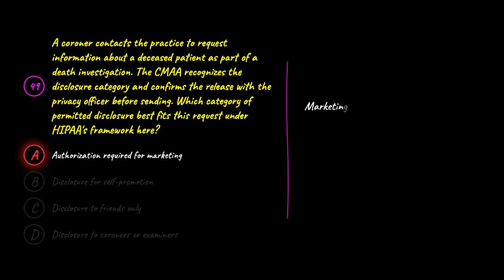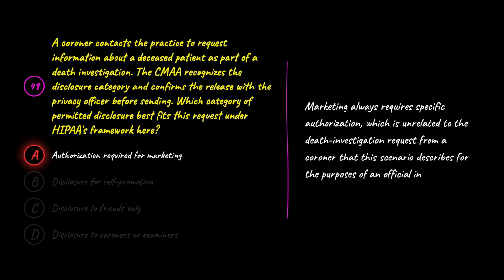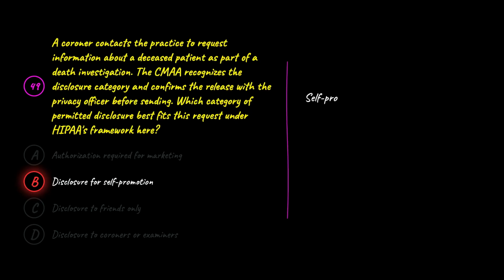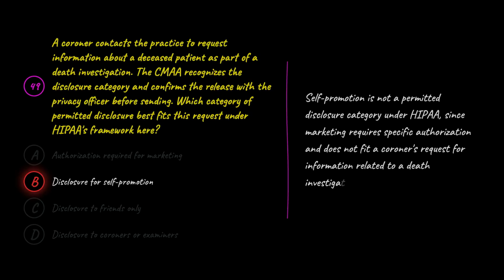A is wrong because marketing always requires specific authorization, which is unrelated to the death investigation request from a coroner that this scenario describes for the purposes of an official inquiry. B is wrong because self-promotion is not a permitted disclosure category under HIPAA, since marketing requires specific authorization and does not fit a coroner's request for information related to a death investigation.